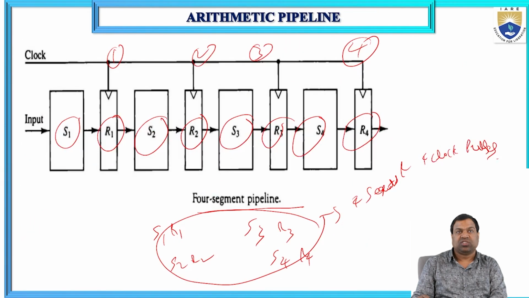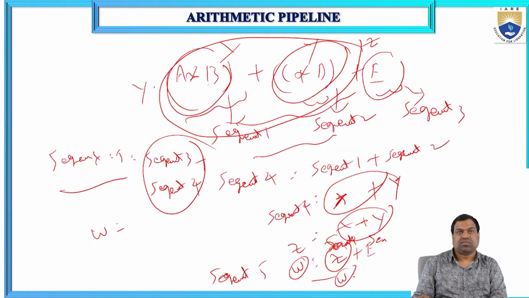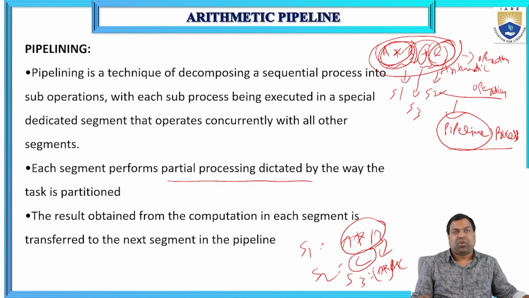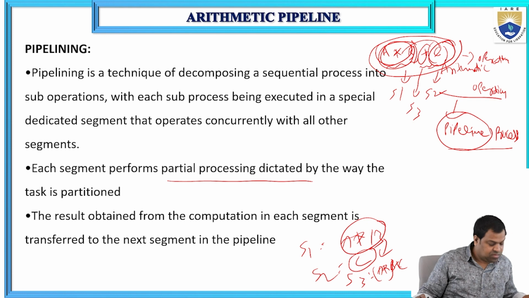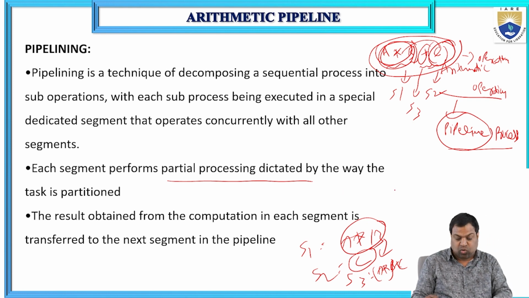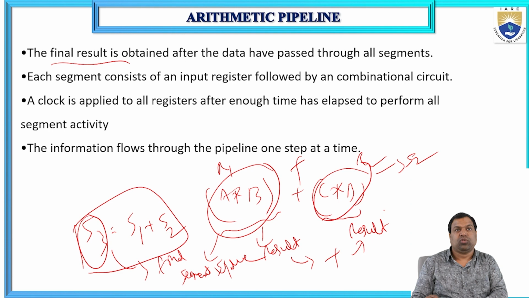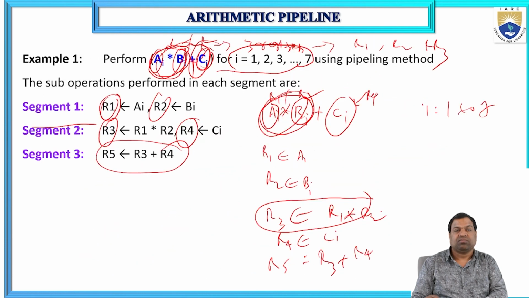So today we discussed what pipelining is, a computation technique. Pipelining is a technique to decompose a sequential process into sub operations, with each process being executed in a special dedicated segment. There are two types of pipelines: arithmetic pipeline and instruction pipeline.